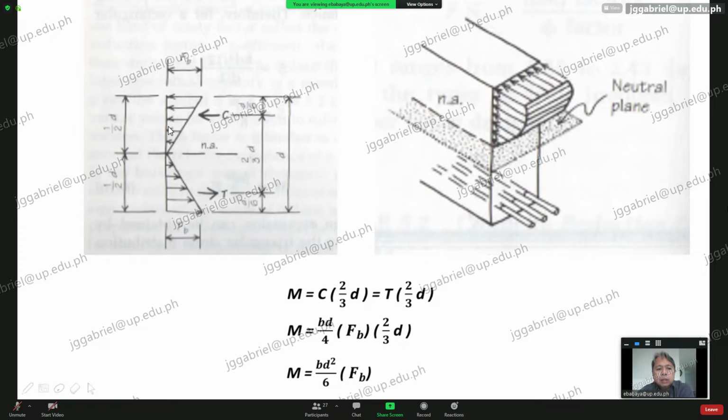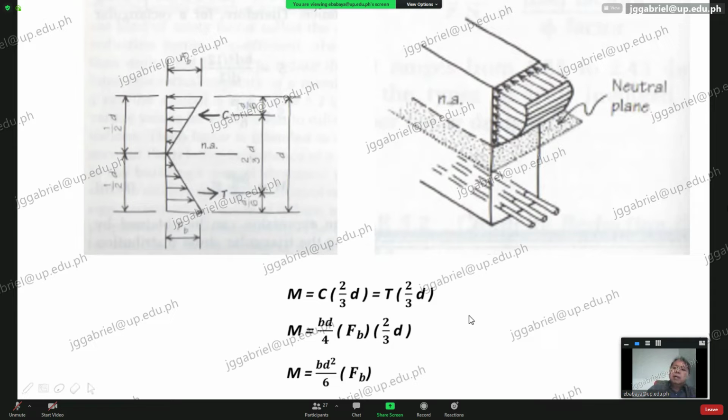If you sum forces horizontally, your compression should be equal to your tension. So there are no other forces there. Take note, these are equivalent forces. This is the equivalent force of this stress here, and the equivalent force of this stress here. Therefore, the moment or the couple that is induced here, that will be M, is equal to C times 2/3 D, or the tension times 2/3 D.